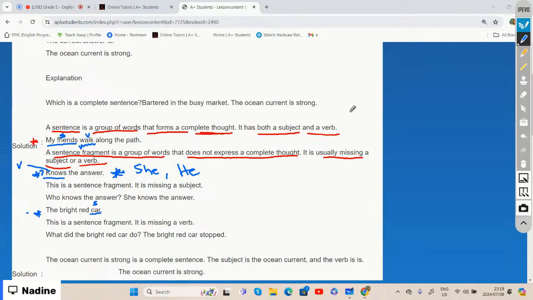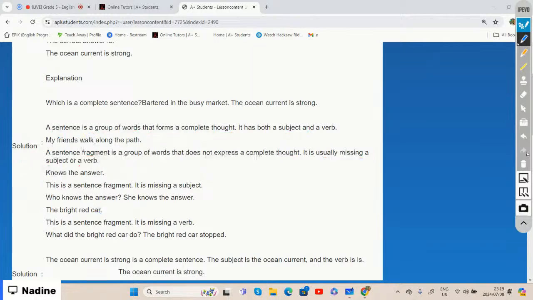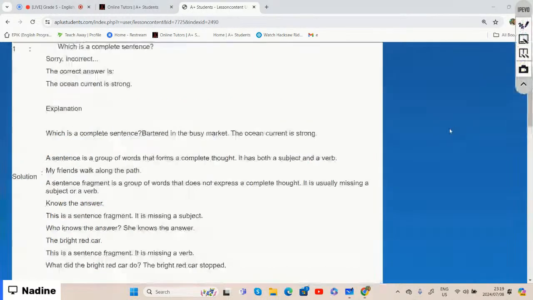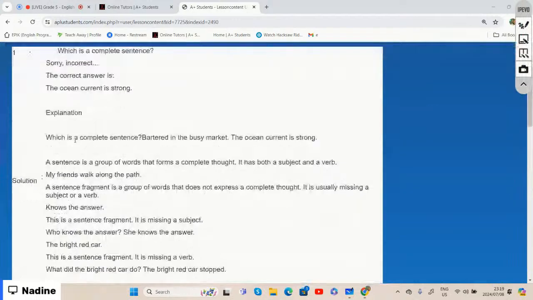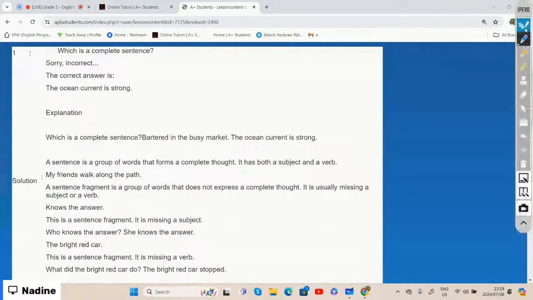All right, so now we're going to do our activity and then we're going on to our test. So I'm going to underline two sentences, right? And then you're going to tell me which one. I'm going to underline it in blue and in red. And then you're going to tell me which sentence shows a complete sentence.